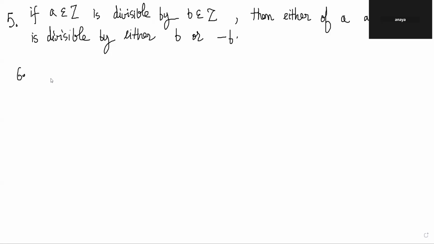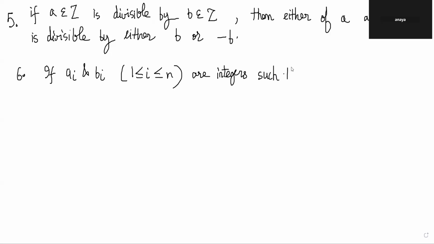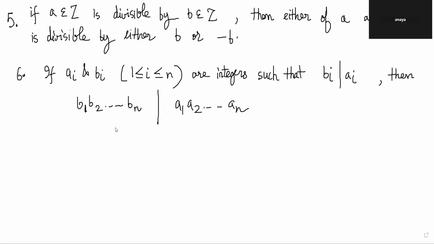Another consequence is if Ai and Bi, where 1 is less than or equal to i less than or equal to n, are integers such that Bi divides Ai, then B1, B2 till Bn will divide A1, A2 till An. The product of the divisors will be dividing the product of the dividends, right?